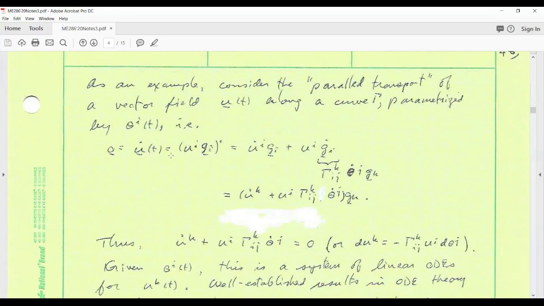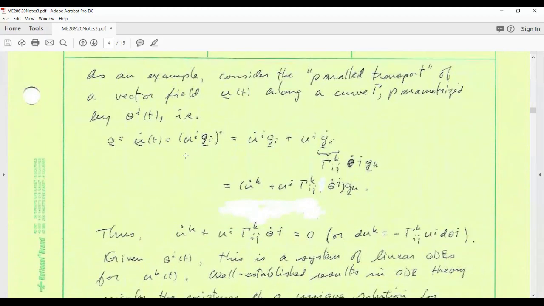So let's explore the implications of this idea. This is called parallel transport of a vector field along the curve. And this notion of parallel transport plays a very fundamental role in the development of differential geometry and extensions of Euclidean concepts to other kinds of geometry.